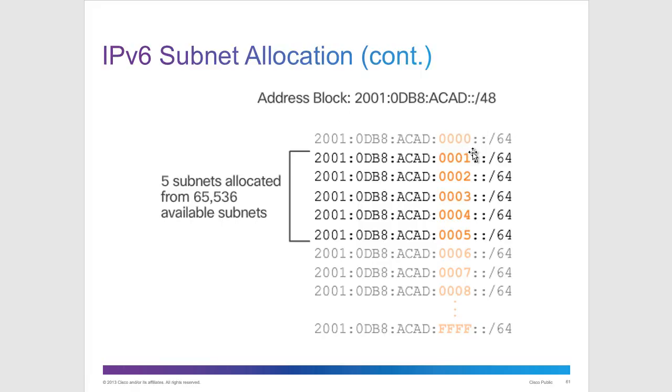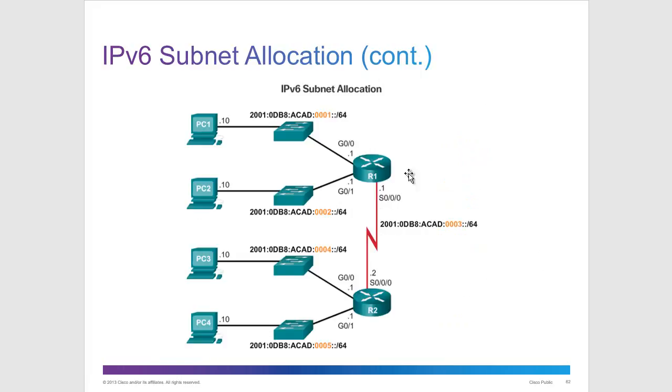That's 00 here. 1 would be the first subnet, 2, second, 3, 4, 5, on down the list. You're just increasing by 1. And how that's going to look in your topology would be like this. So you got 2001, 0db8 ACAD, 001, subnet 002, 04, 05, you got a 03 over there.